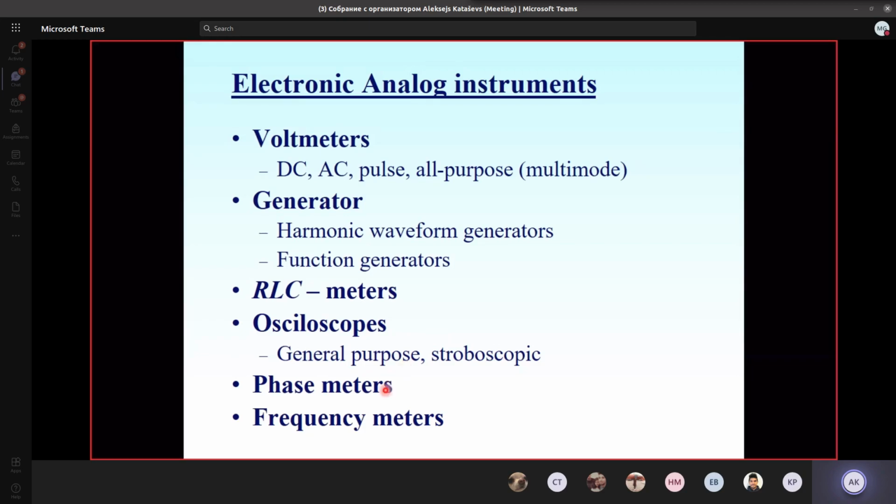Another type is phase meters and frequency meters, which should be considered as analog instruments too. So we could consider nowadays analog instruments as instruments that are thought to operate with analog signals, not with a digital signal, but with analog signal.